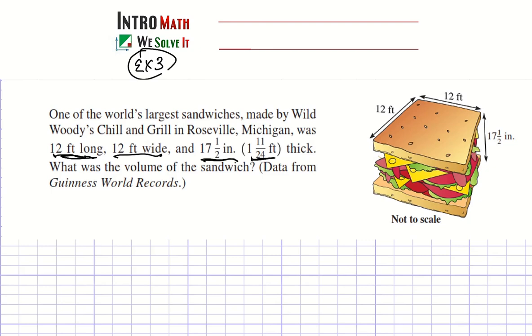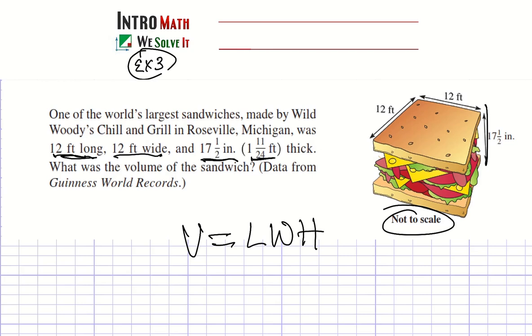It's not drawn to scale. The volume is length times width times height, and this is the height here. So that's the volume there. We'll have to use that. It's not even a cube. A cube, everything is the same.